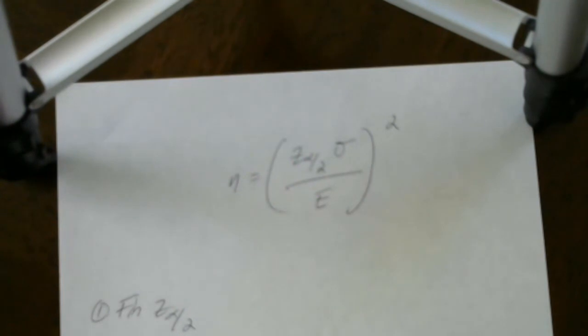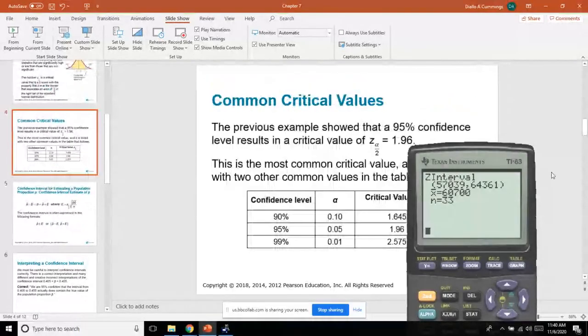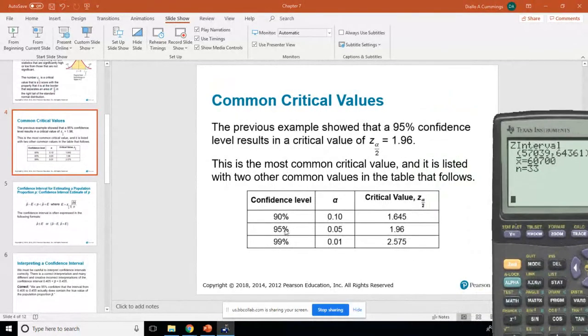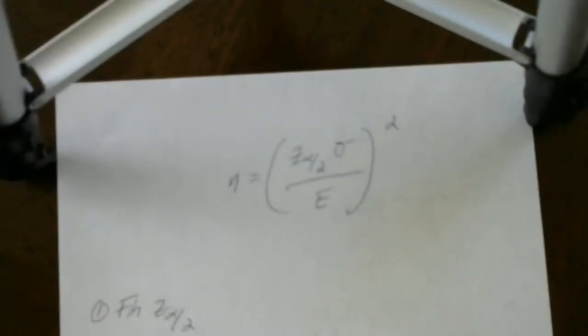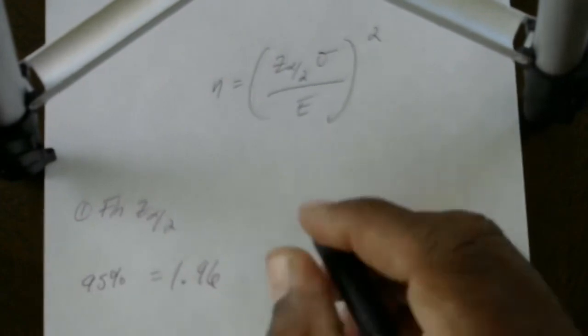I'm going to switch back to the shared screen. I just want you to know where you can find this information. If I go to these common critical values, notice at 95%, that z alpha over 2 score should be 1.96. So I'm going to use 1.96 in our calculation.